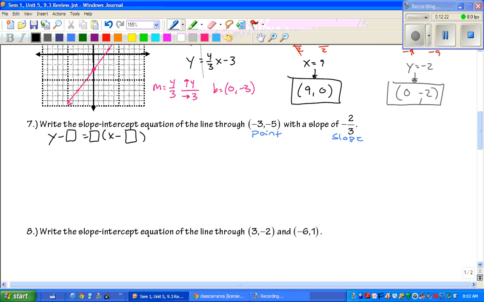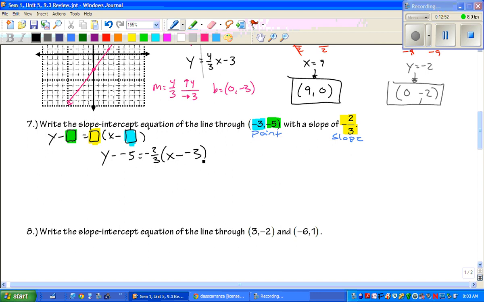Okay, and all we're doing is plugging into the equation. So y minus, I want my y right there, which is 5, equals my slope, which is negative 2/3, x minus my x.